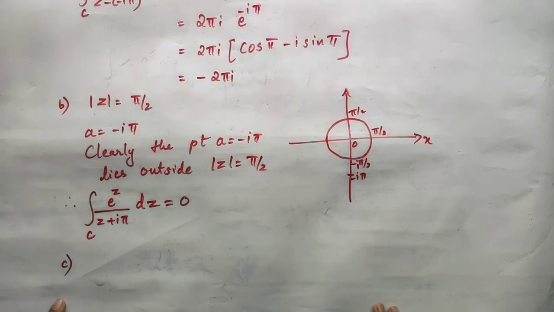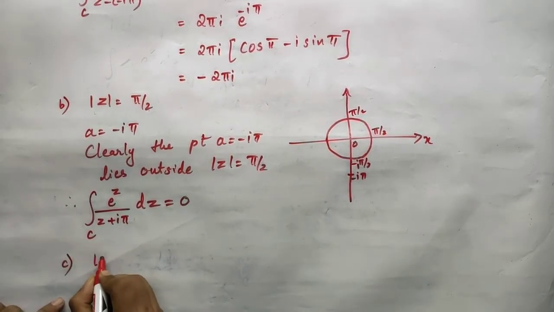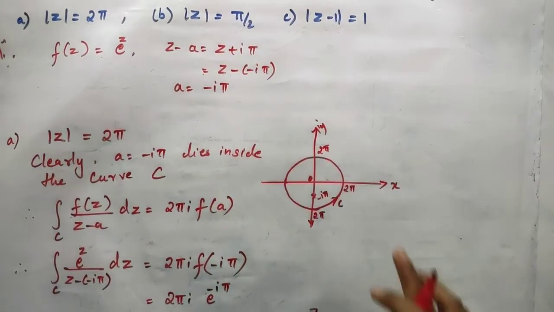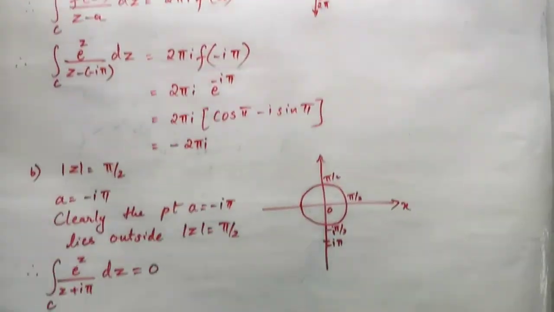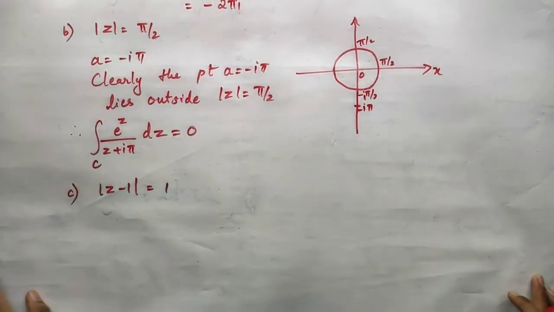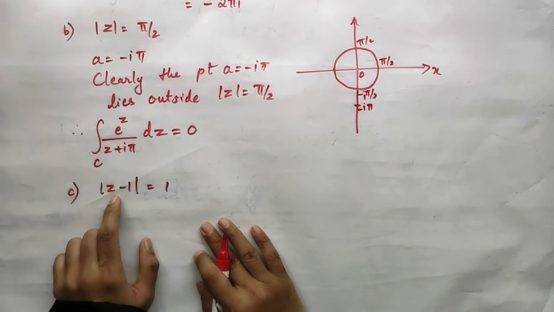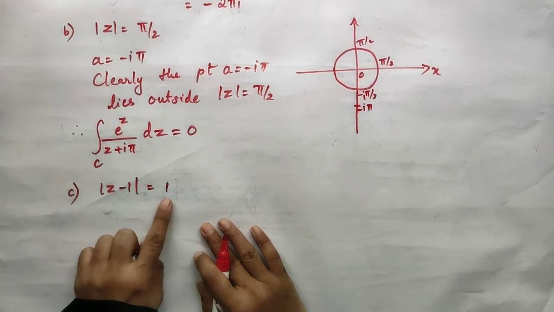So here the last curve was mod of z minus 1 is equal to 1. Let me verify. Yes, mod of z minus 1 is equal to 1. So let us draw this circle as well. Here the center is 1 comma 0 and the radius is 1.